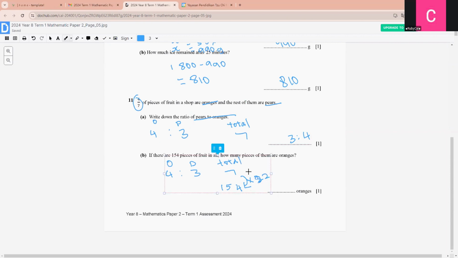So because this is multiplied by 22, everything else has to multiply by 22. And because they're only asking for the oranges, we just need to multiply the oranges by 22, which gives us, sorry, 88. So the answer is 88 oranges.